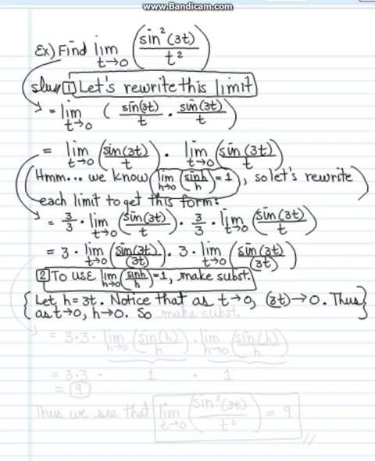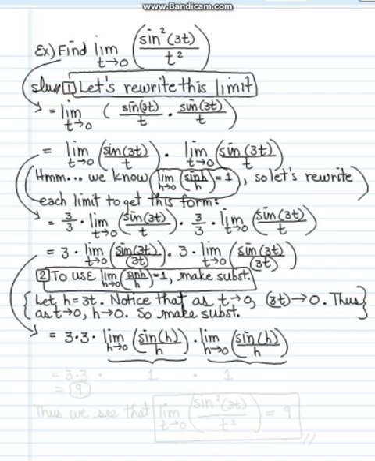Our statement above is equal to, if we bring both of the 3's out to the front, 3 times the limit as h approaches 0 of sine h over h, because we let h equal 3t, and we know that as t went to 0, h would go to 0, times 3 times the limit as h approaches 0 of sine h over h.